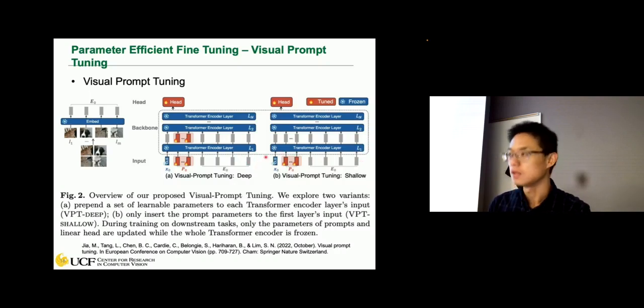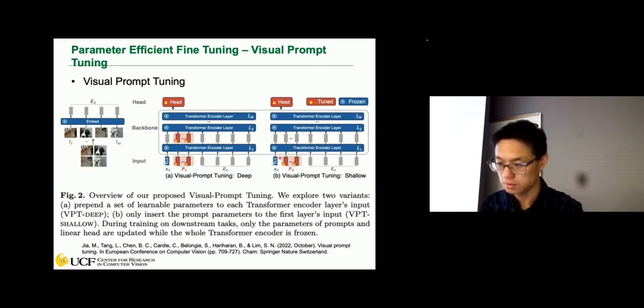The number of layers you can tune is flexible. It's not necessarily just the first layer, or you may want to apply these tunable tokens across all the layers. You can decide, okay, maybe I just want to add these tunable prompts in the first 2 or 3 layers. This is something you can experiment with, and then you can see the trade-off.